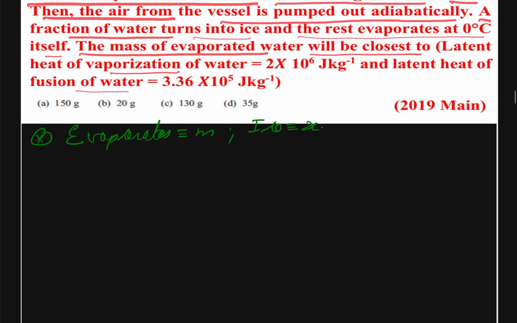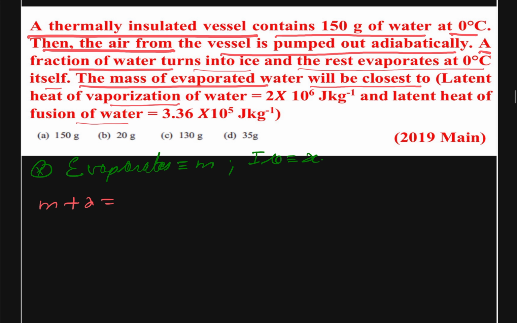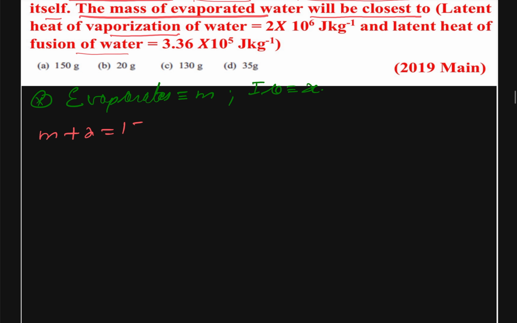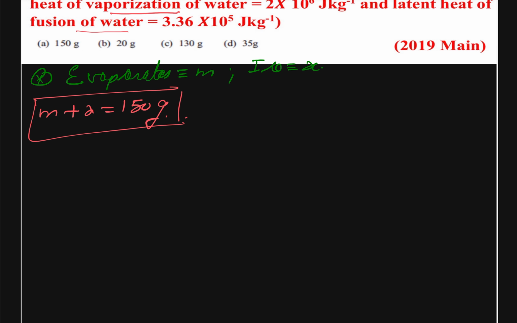Therefore, according to conservation, this m plus x should be equal to the mass of the water, that is 150 grams. Obviously it says that the process is adiabatic because the system is insulated, so we can just use the energy conservation or energy balance. So first of all, let's find out the heat for evaporation.